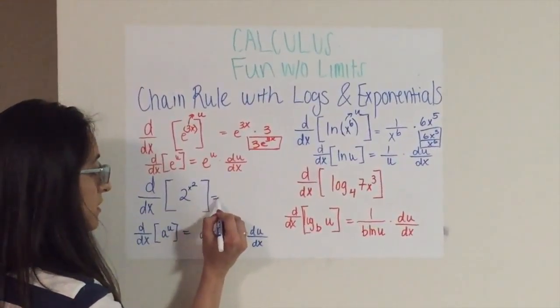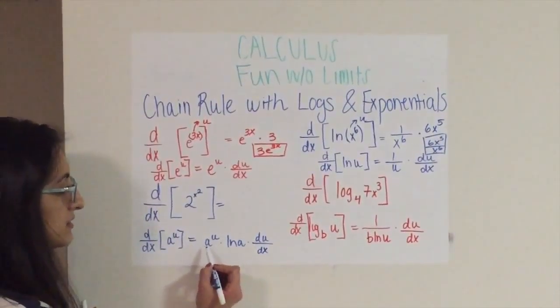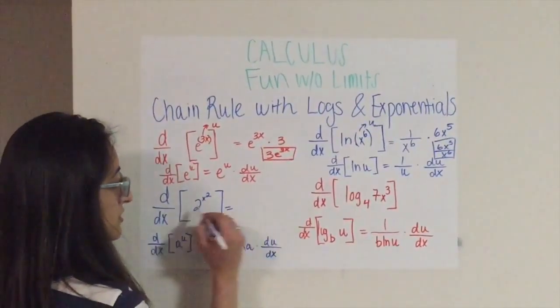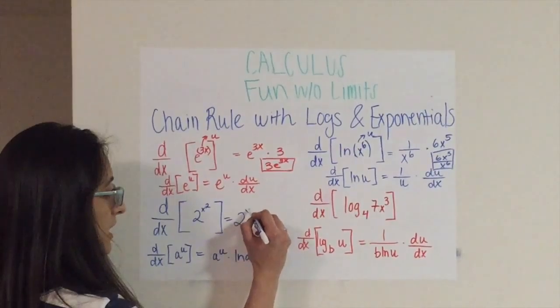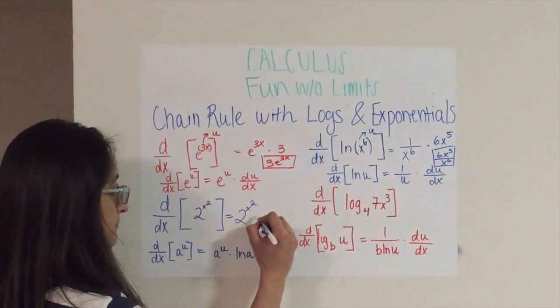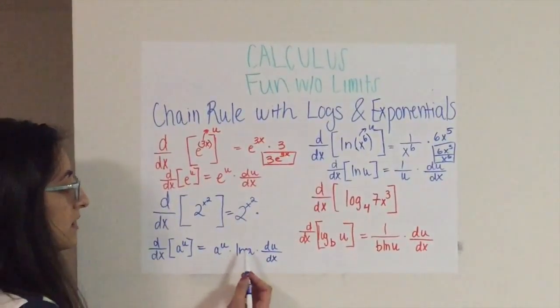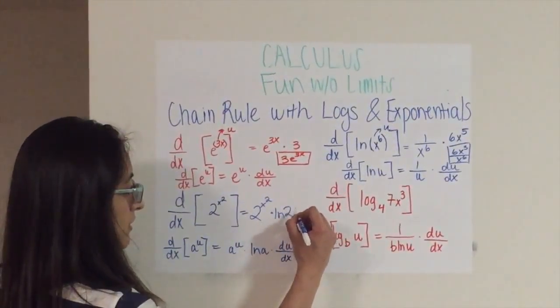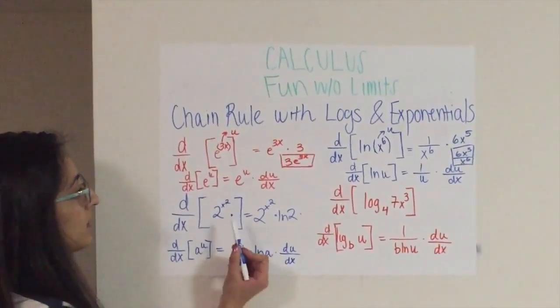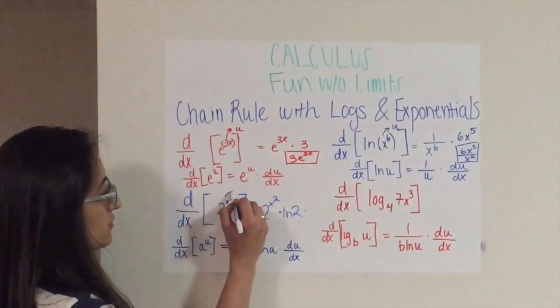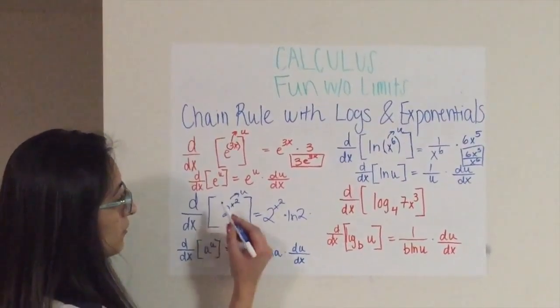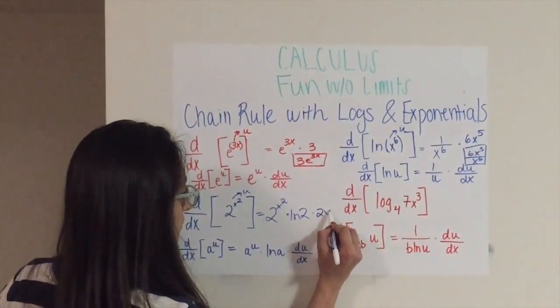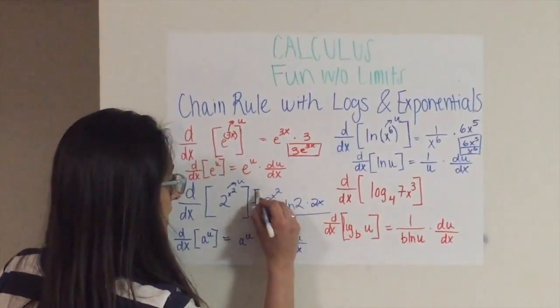First, to take the derivative, we have our a to the u, which is the original 2 to the x squared, times the ln of a, which is ln of 2. And now for our chain rule part, the x squared, which we call our u right here, the derivative is 2x. And that would be your answer.